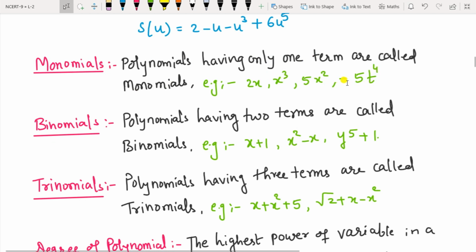Such algebraic expressions where only one term is there are called monomials. Then binomials: the polynomials having two terms are called binomials. For example, x plus 1, here there are two terms, x first and the second one is 1. So these are called binomials. These are having two terms.